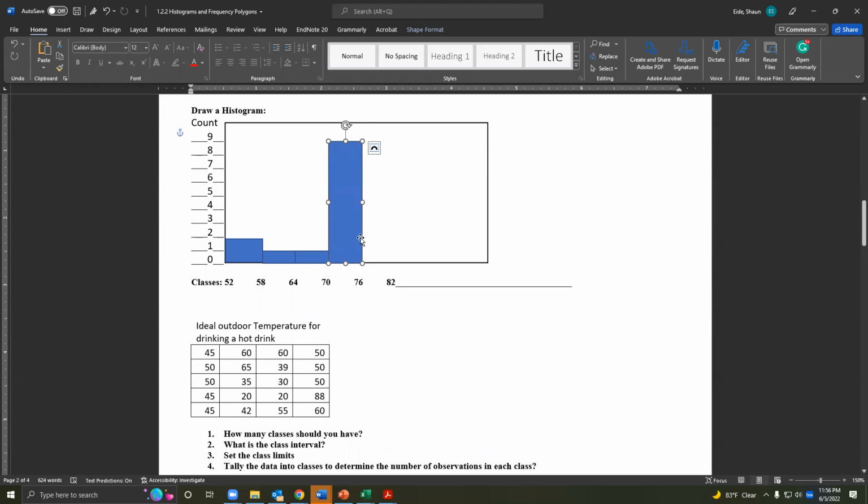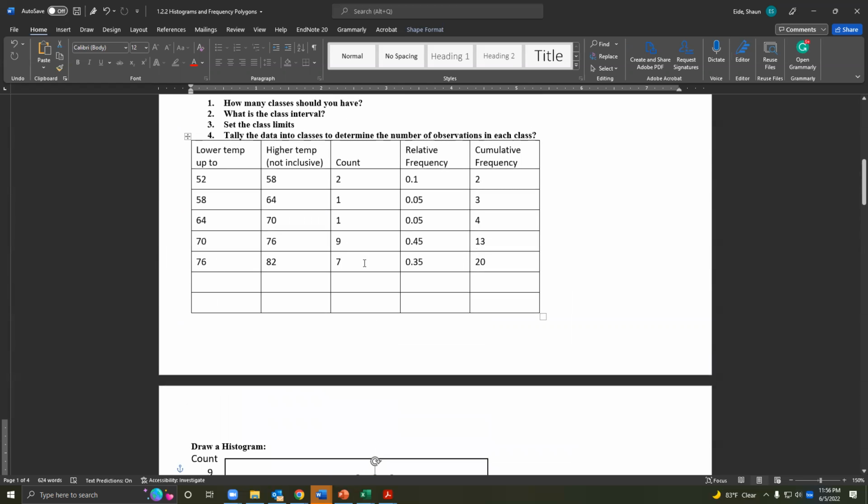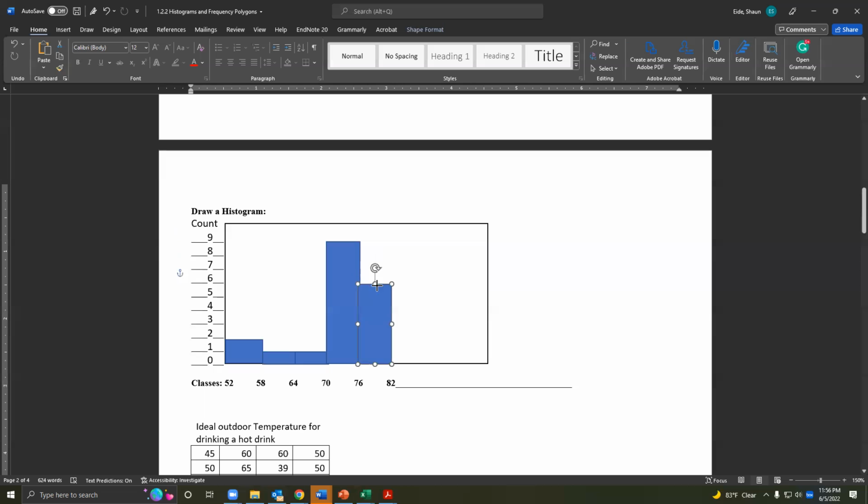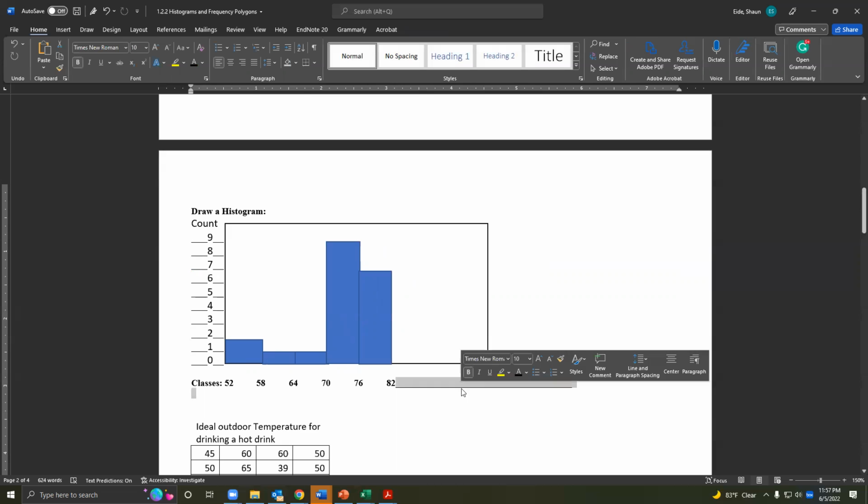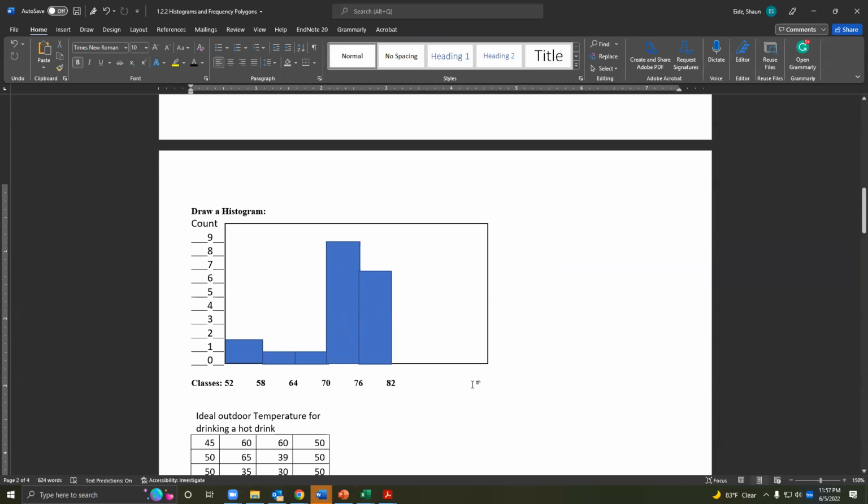Okay. And then last but not least, we've got 76 to 82, and we've got 7 observations there. And these aren't perfect. We use Excel to make it perfect. This is just an opportunity for you to do it by hand to see how it works.